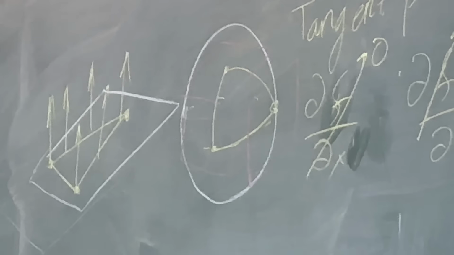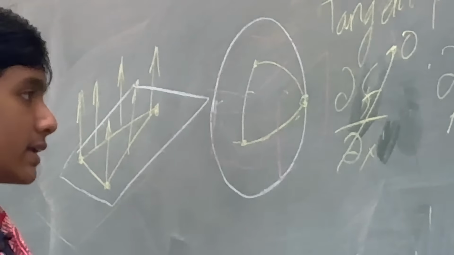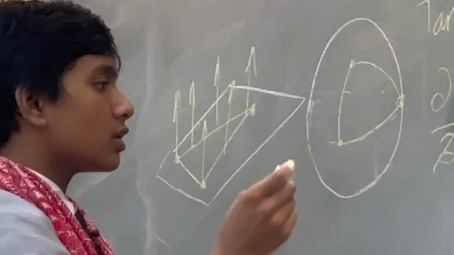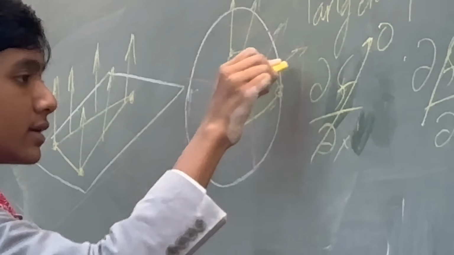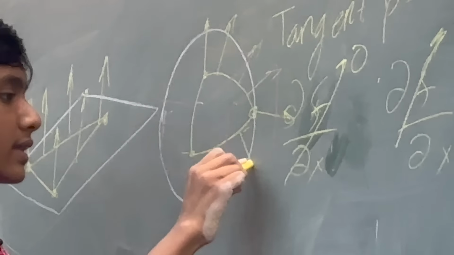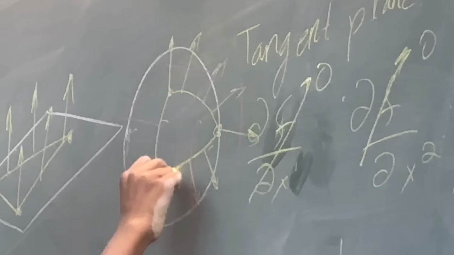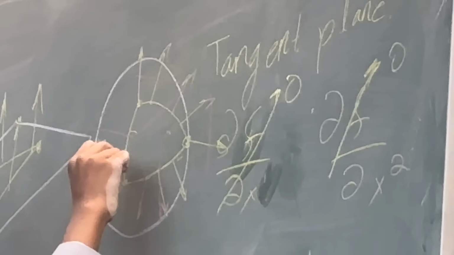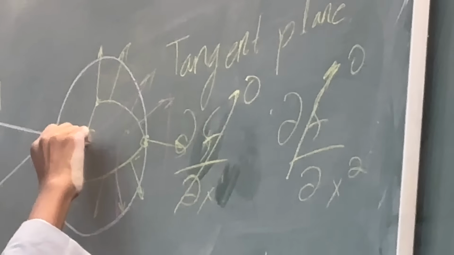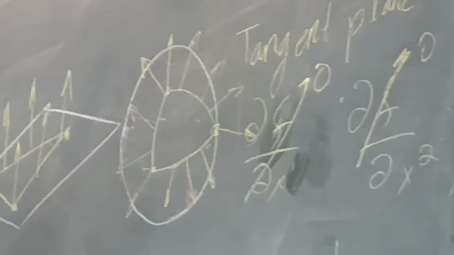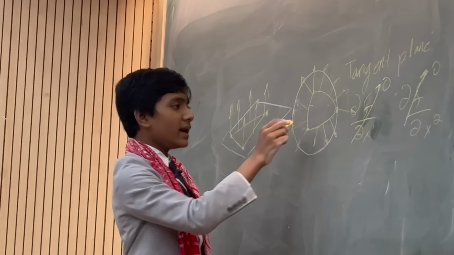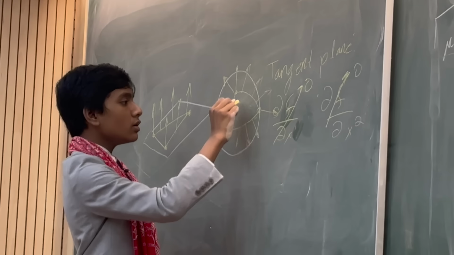And the tangent plane over here is going to be in that direction. So, great. Now let's draw the vectors. It's going to be like this, like this, like this. And I'm trying to draw them so that they're very clearly sticking out of the page. But we found a very big problem.